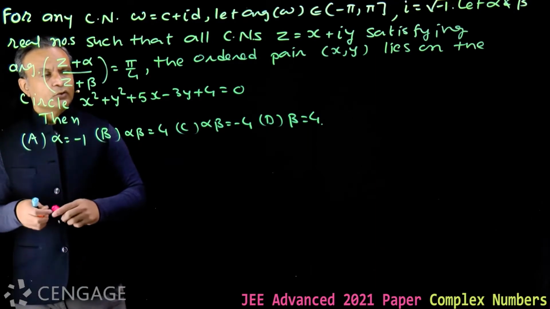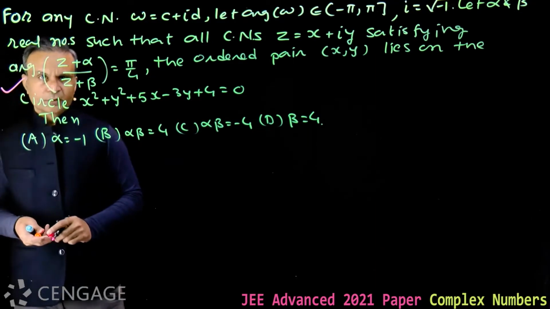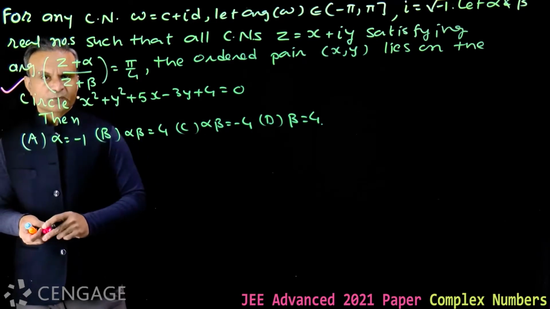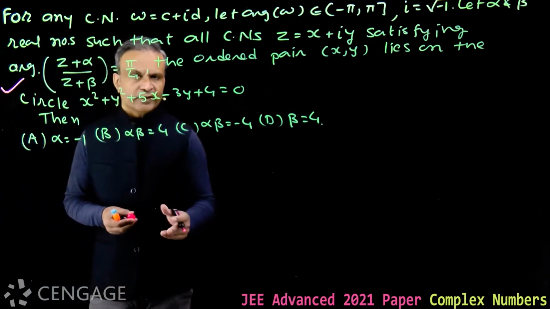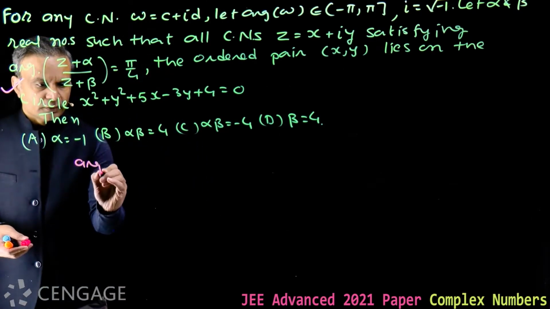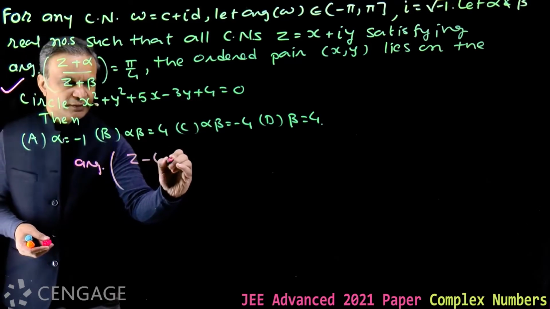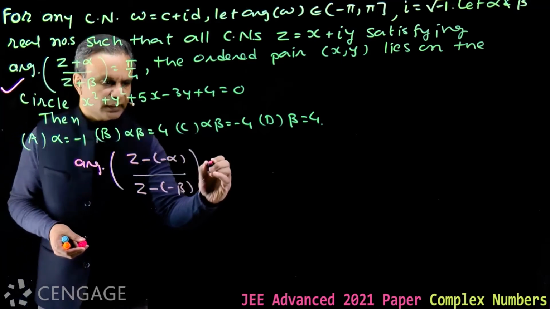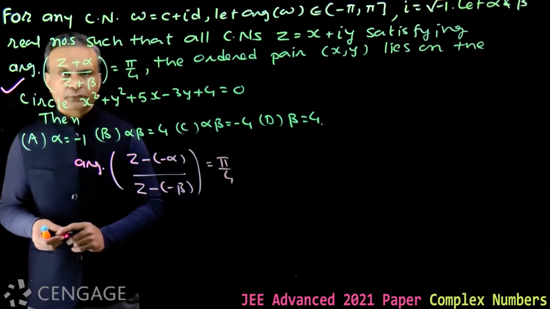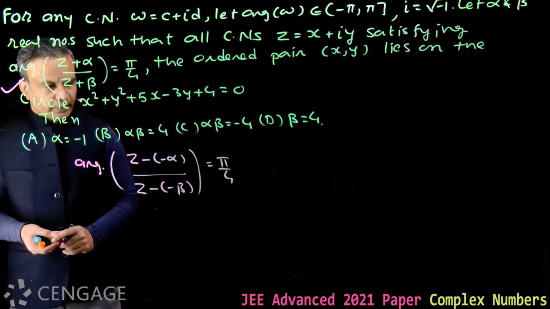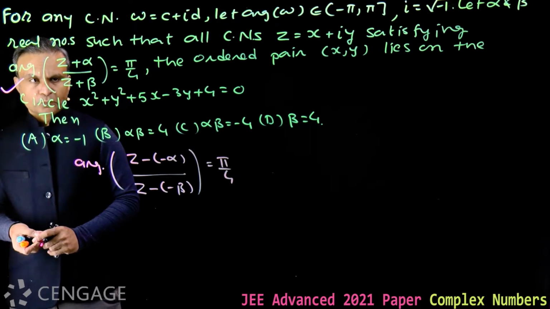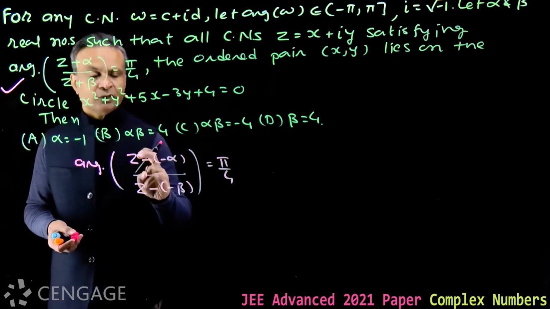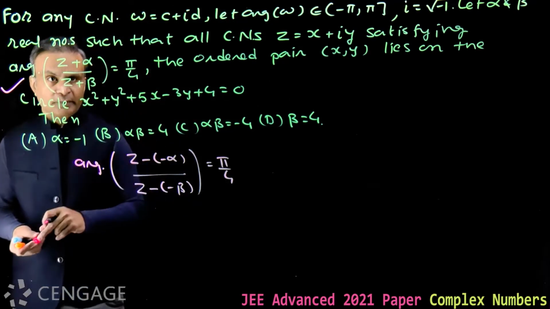Now tell me what will be the locus of complex number z. The variable complex number z satisfies this equation. Then what will be its locus? This is a very common equation. We have argument of (z minus minus alpha over z minus minus beta) equal to pi by 4. That means the angle subtended by the line segment joining complex numbers minus alpha and minus beta at variable complex number z is pi by 4.